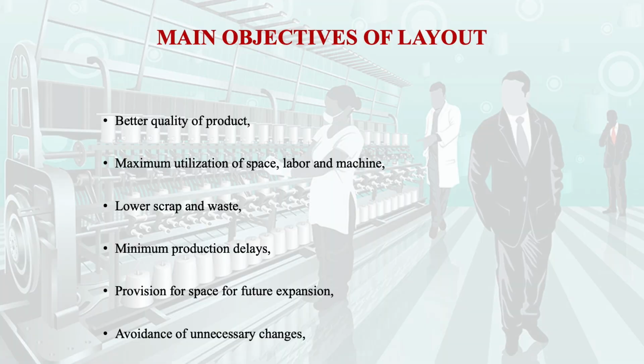Avoidance of unnecessary changes should be one of the main objectives of any facility layout decision. Whatever we are making today, we should keep in mind that it is going to have a long-term effect and we should avoid unnecessary change.